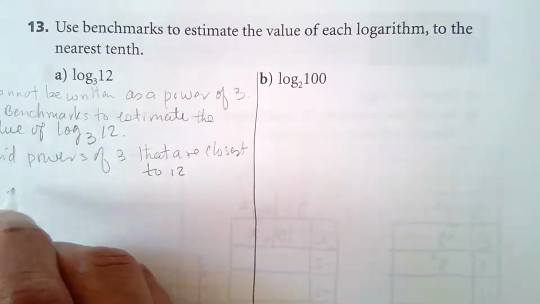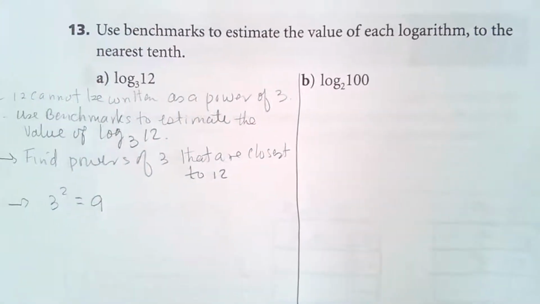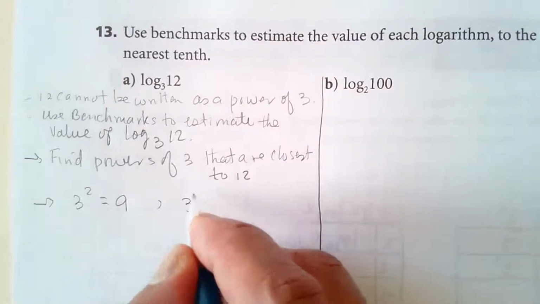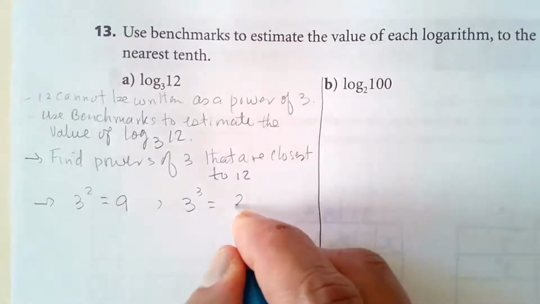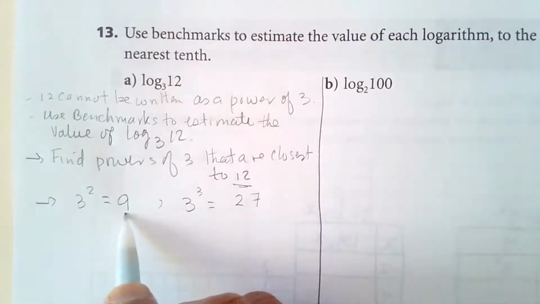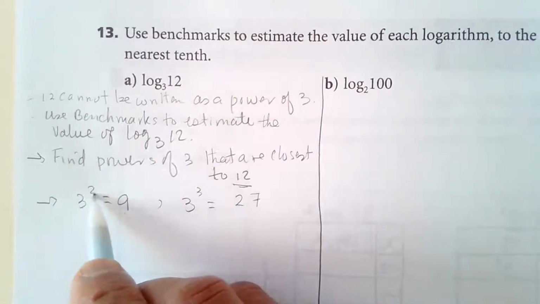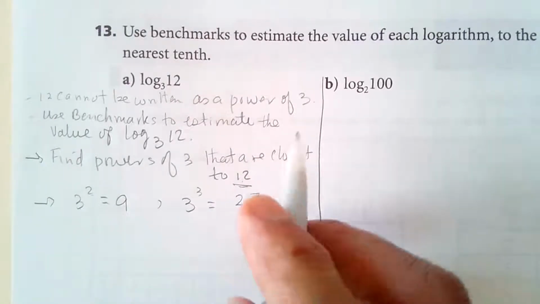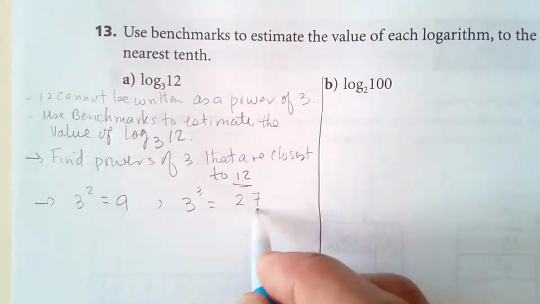So we know 3 to the power of 2 is equal to 9, and 3 to the power 3 is equal to 27. Right away, we can see 3 to the power 2 is closer to 12 than 27.